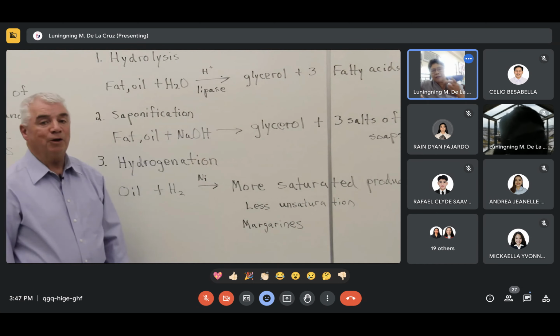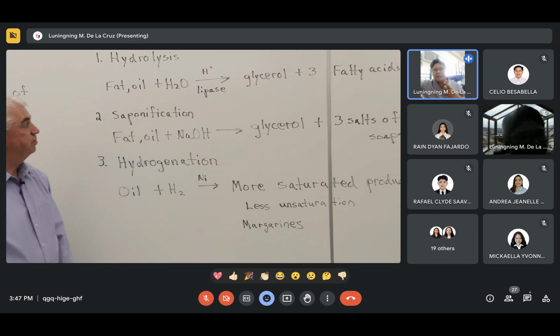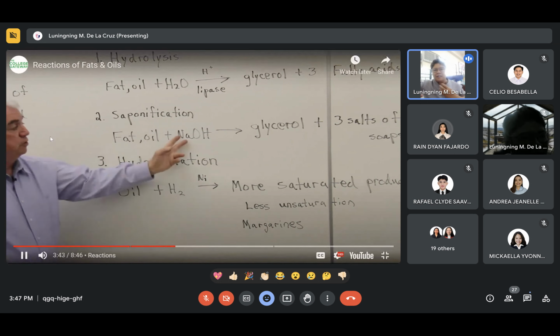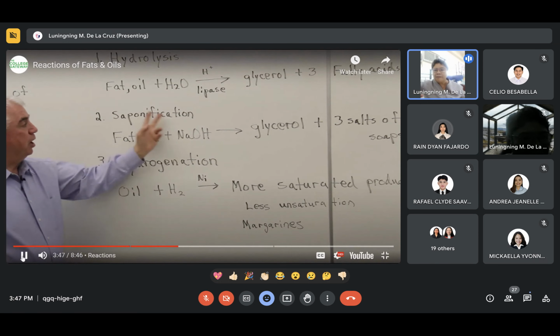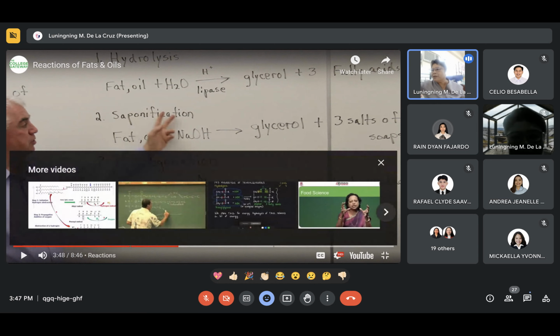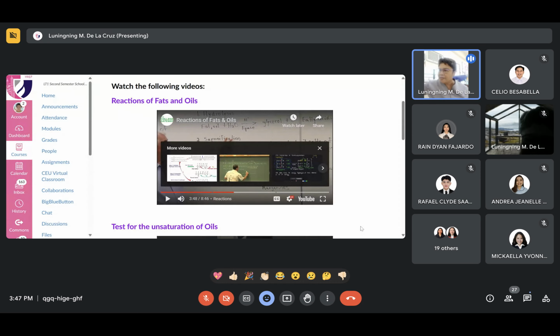That is hydrogenation. And as mentioned, it is very important for the production of margarine.